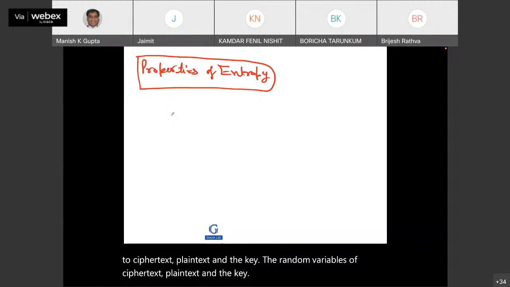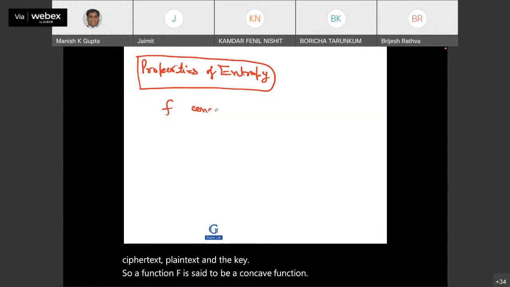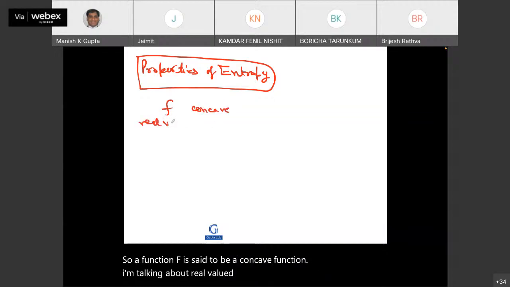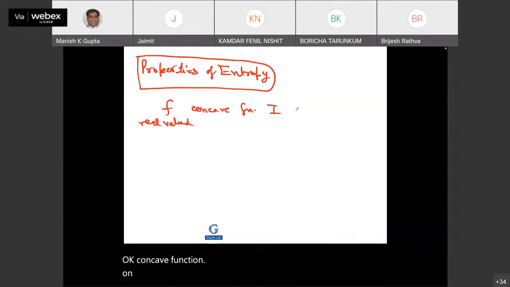So a function f, I'm talking about a real valued function actually, is said to be a concave function on the interval I if we have f of (x plus y)/2 is at least (f of x plus f of y)/2.